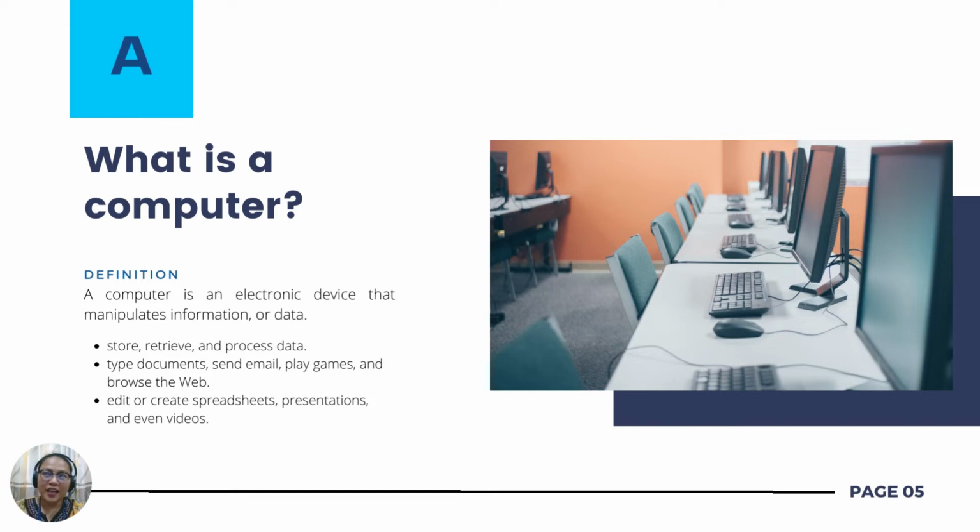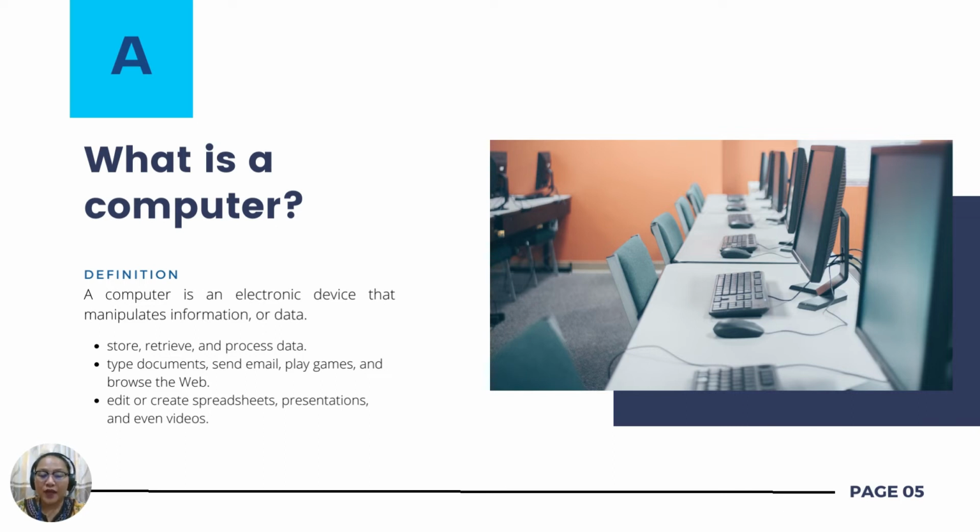Ang naiintindihan lang na language ng computers natin is 0 and 1. Okay? 0, naka-turn off ang switch. 1, naka-turn on ang switch. So, yung dalawang code lang na yun, yung dalawang binary codes lang na yun, ang naiintindihan na language ng computer natin.